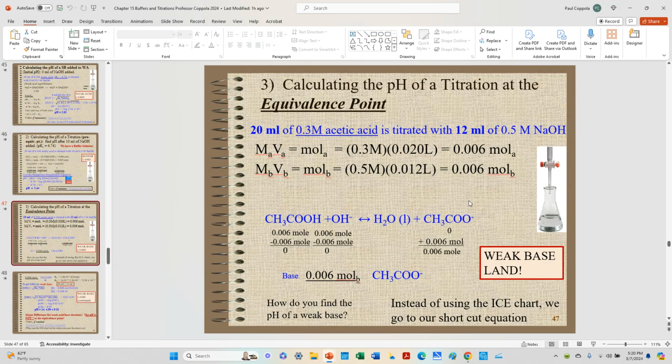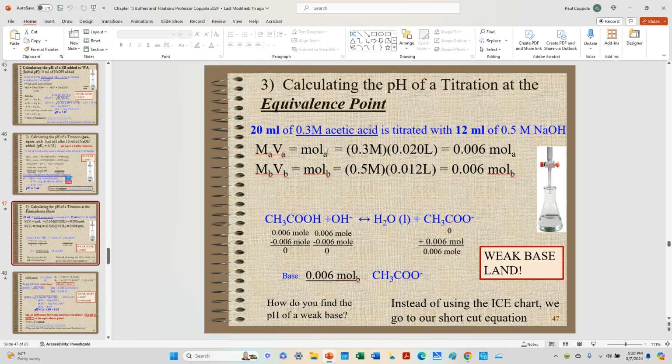Now what happened here? Well, we're at the equivalence point. And notice again, when it's a weak acid and a strong base, the pH is not 7. It's greater than 7. And if it's greater than 7, we're in weak base land. A little bit over 7, 8, or 9, that's weak base. Strong base would be 14. So what do we do here?